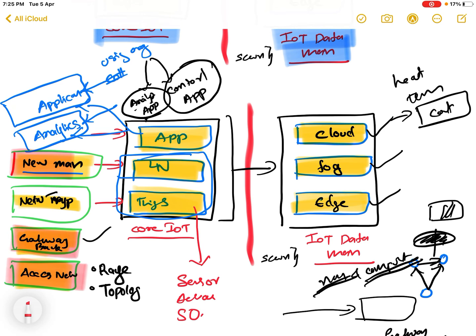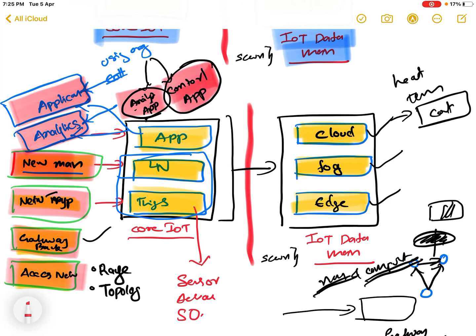The control network has four sublayers: the access network, the gateway and backhaul network, the network transport sublayer, and the network management sublayer. In the application layer, you have two things, the application sublayer and the analytics sublayer.